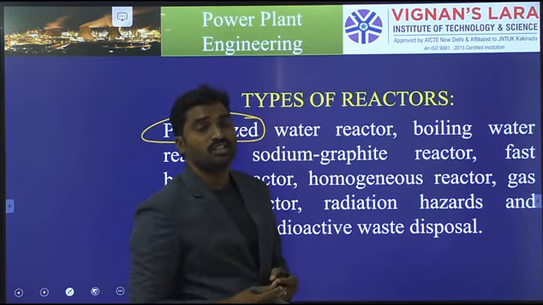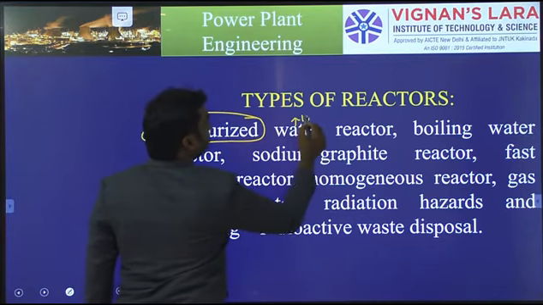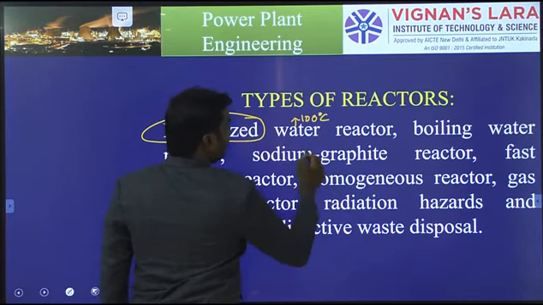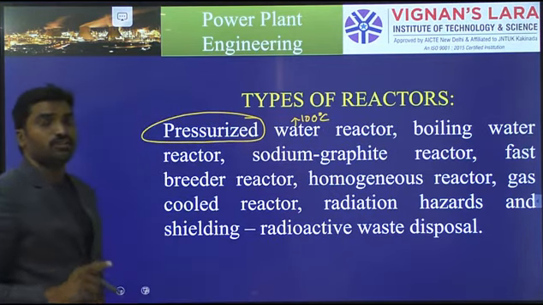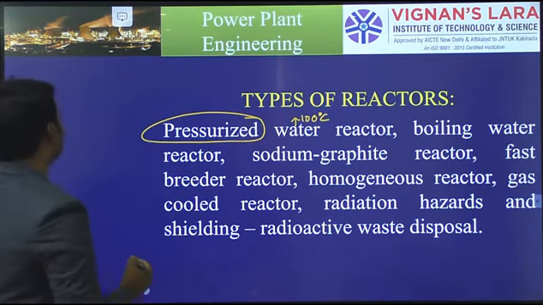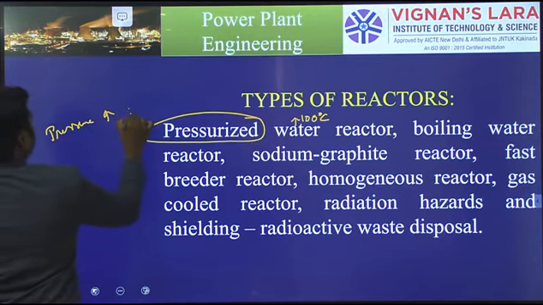As per our knowledge, the boiling point of water is 100 degrees centigrade at a pressure of 1 atmosphere. But if you raise the pressure, automatically the boiling point increases.